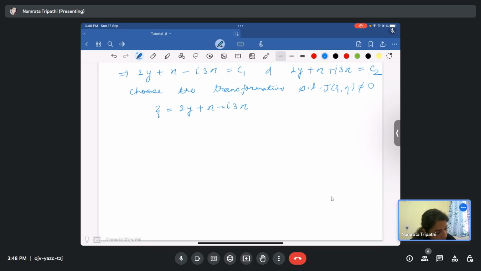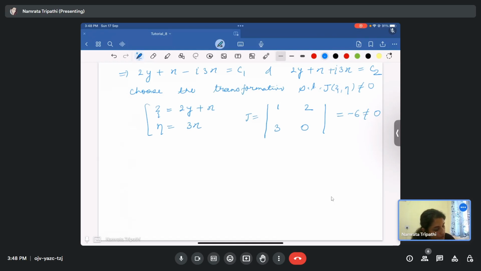We can also consider the expression for xi 2y plus x and eta is 3x. You can check Jacobian. Xi of x is 1, xi of y is 2, eta of x is 3, eta of y is 0, which is not equals to 0. Fine. So we can take these transformations.